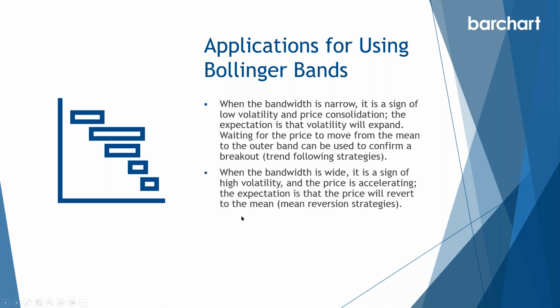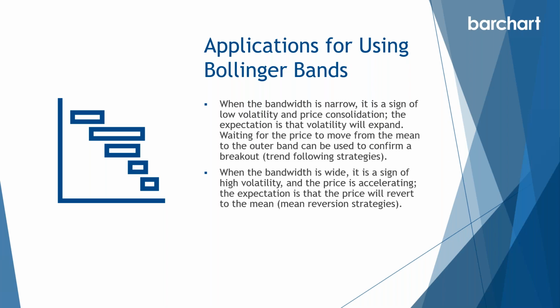When bandwidths are wide, this is a sign of high volatility and that price is accelerating. Now, the expectation is that price will eventually revert back to the mean, what sometimes is referred to as mean reversion strategies.